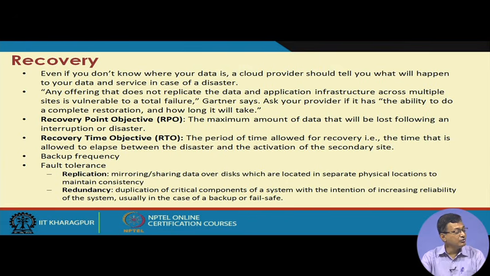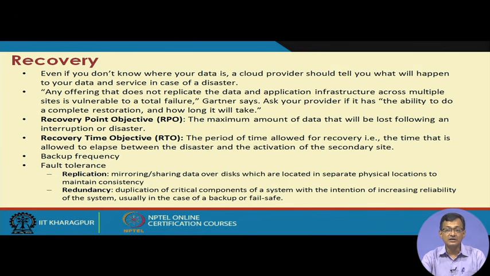There are two concepts people use. One is the recovery point objective, the maximum amount of data that will be lost following an interruption or disaster. That is the RPO. There is also the RTO, the time period allowed for recovery, that is, the time allowed to elapse between the disaster and activation of the secondary site.